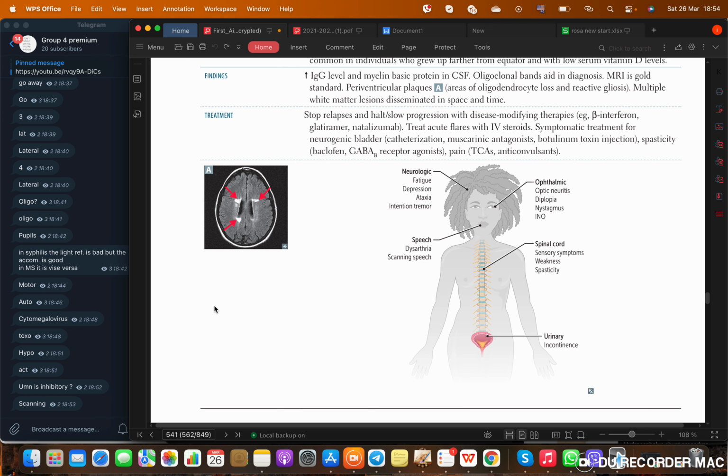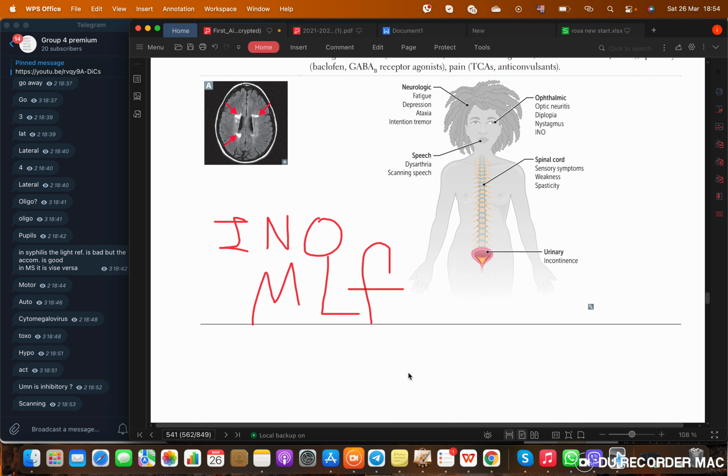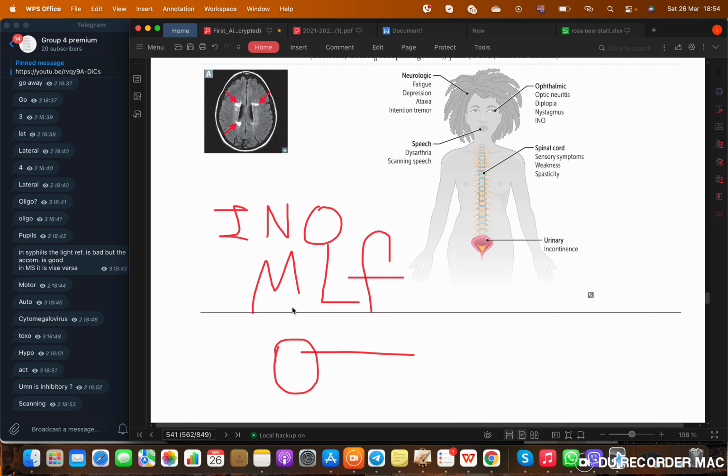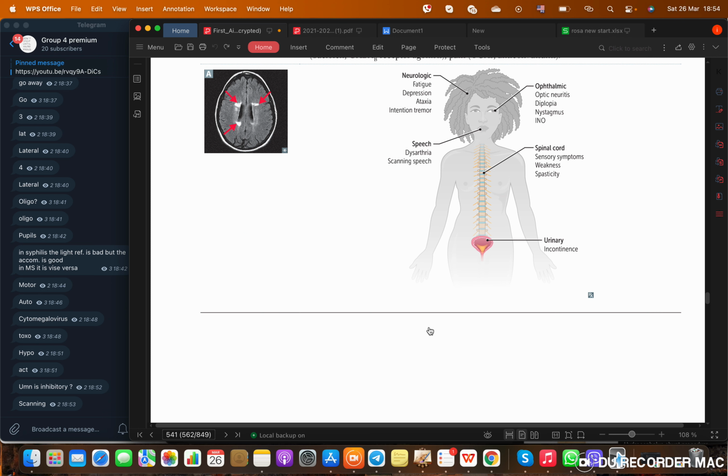In addition, there is something called internuclear ophthalmoplegia, which occurs due to affection of the medial longitudinal fasciculus, which is a communication between cranial nerve number 3 and cranial nerve number 6. Absence of this connection will lead to a dysynchronized movement of your right and left eye, which leads basically to something like this.